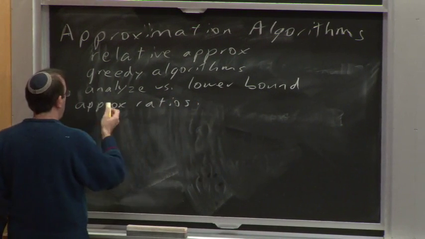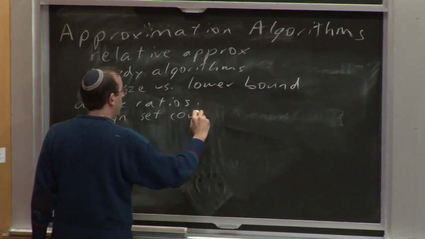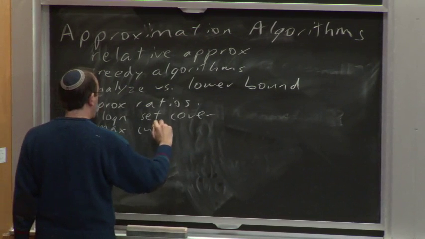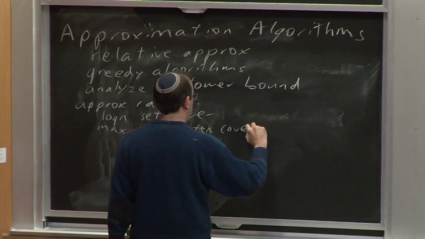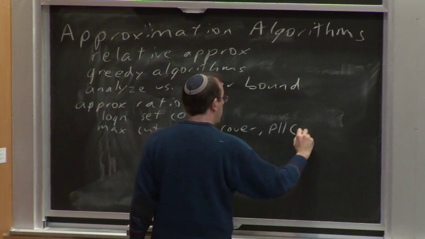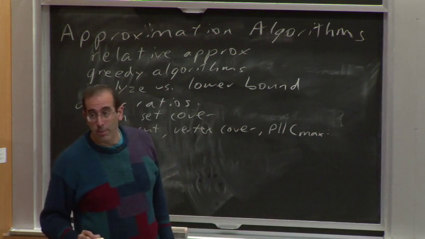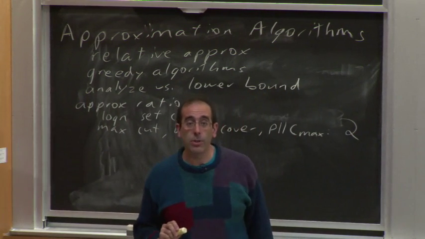We had the log n for set cover. But a lot of the other problems that we looked at, including max cut, vertex cover, and P Cmax, they all had constant factor approximations. In fact, they all achieved approximation ratios of 2.